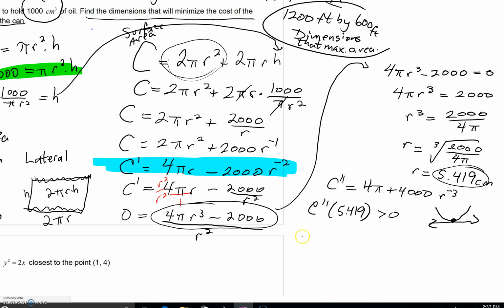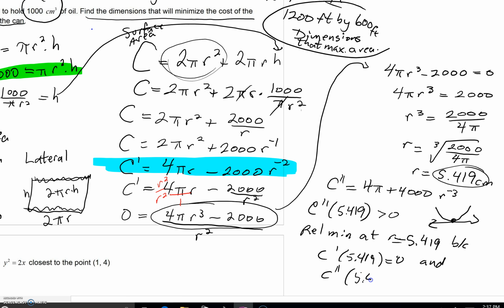So we can say we have a relative minimum at r equals 5.419 because C prime of 5.419 is equal to 0, and C double prime of 5.419 was positive.